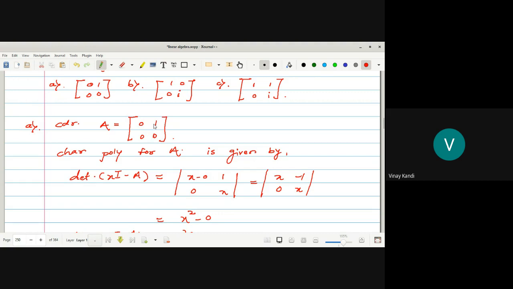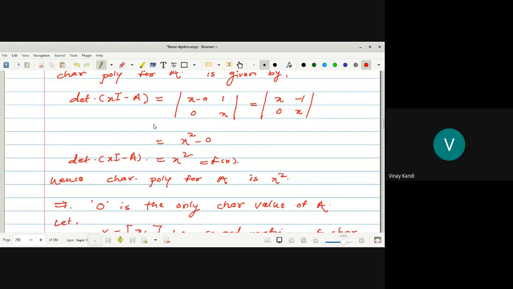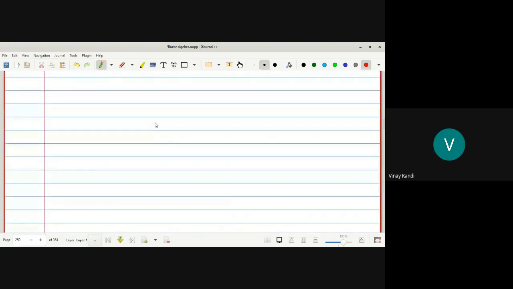Now the second question. Tell me what are the eigenvalues of this matrix.